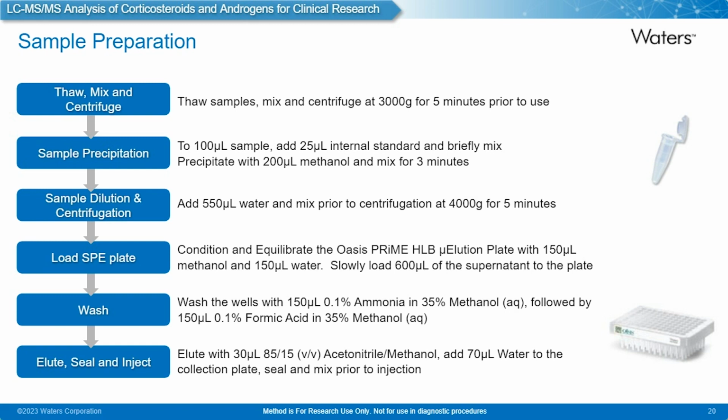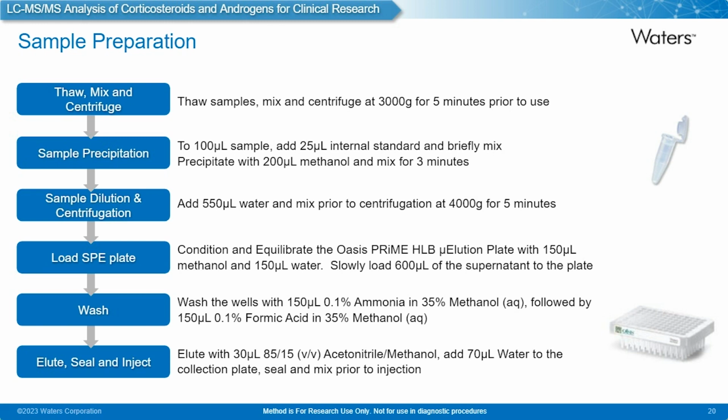We take that supernatant and add that to the plate after we've equilibrated and conditioned the plate. We load that supernatant slowly onto the plate to ensure that it binds well to the chemistry. We wash the wells with high pH and low pH, so 0.1% ammonia in 35% methanol, followed by 0.1% formic acid in 35% methanol.